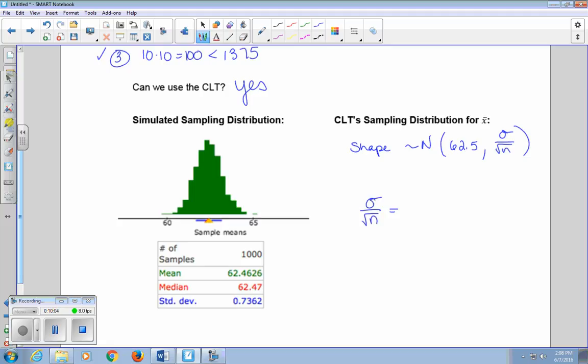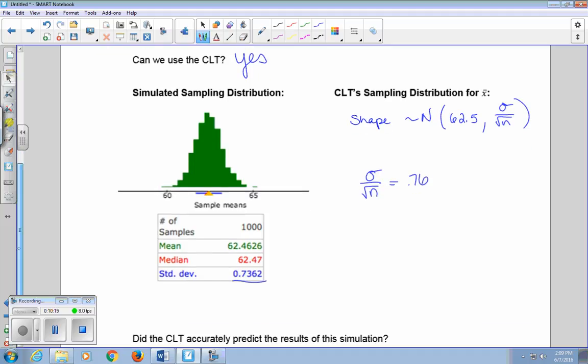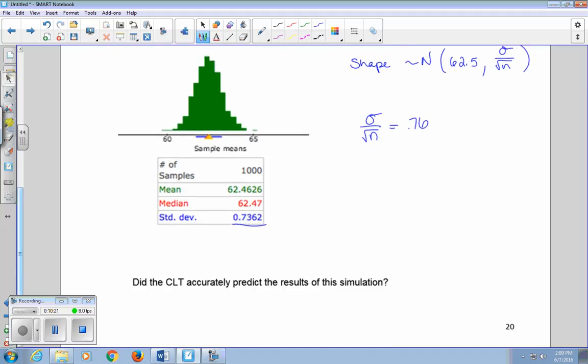And that is equal to 0.76. And you can see that that's pretty close to what we're seeing in our simulation. So if we were to draw the distribution, we'd say, okay, it's approximately normal.